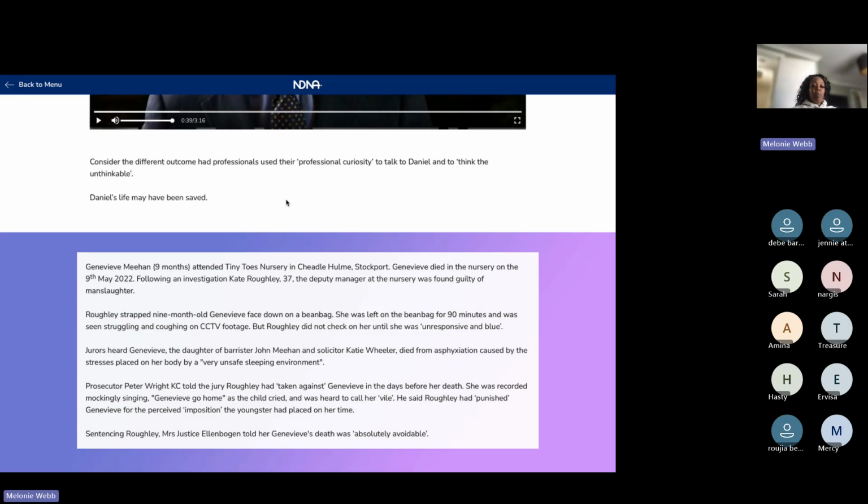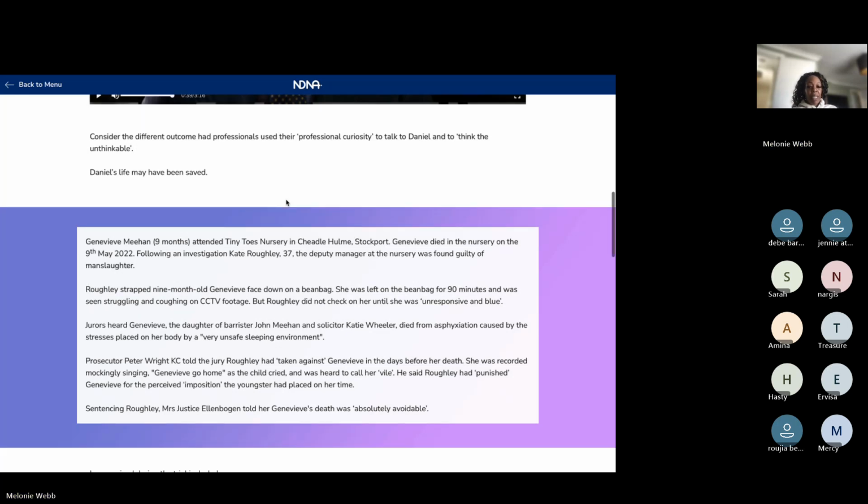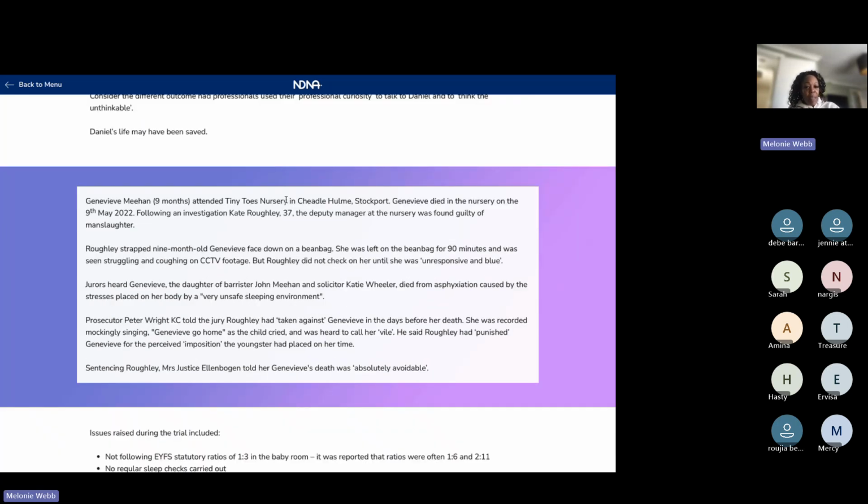She was recorded mockingly singing "Genevieve, Go Home" as the child cried and was heard to call her vile. He said Ruffley had punished Genevieve for the perceived imposition the youngster had placed on her time. Sentencing Ruffley, Mrs. Justice Ellenbogen told her that Genevieve's death was absolutely avoidable.